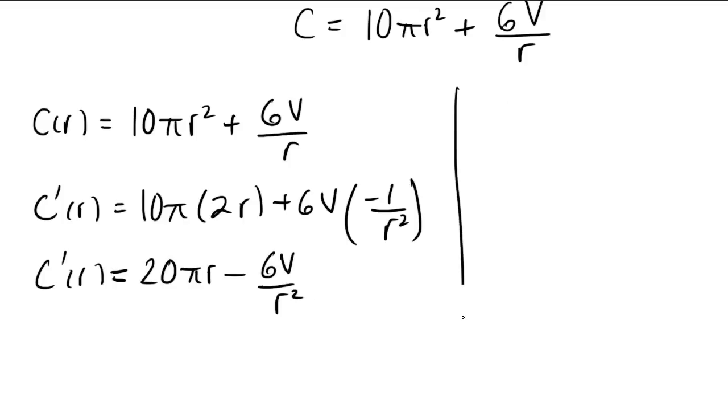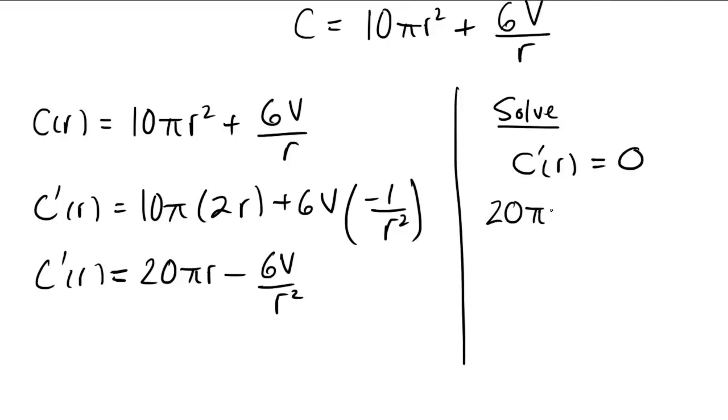Now what I need to do is solve the derivative equal to 0 to find those critical numbers, right? The minimum must occur at a critical number. So let's solve that derivative equal to 0 to get our candidate for that minimum. Why don't I bring this over here?